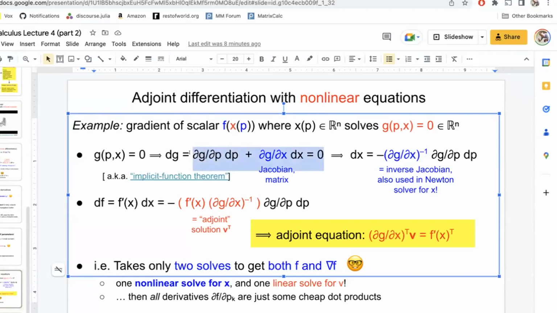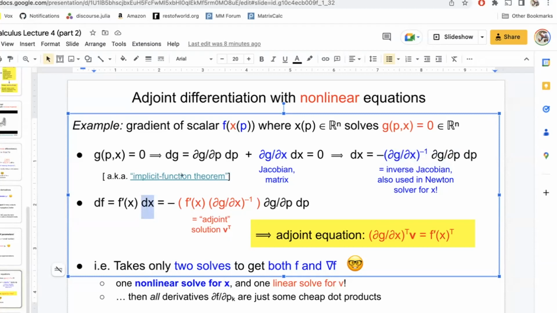So if we write this down and we just solve it for dx, I move this to the right-hand side. I get a minus this on the right-hand side, and I get a Jacobian inverse times dp. Does everyone see this? So I linearized it with two Jacobian matrices, with respect to the parameters and with respect to the x's, and then I solve for dx in terms of dp, and you can see it's this equation, and then we plug that in for dx.